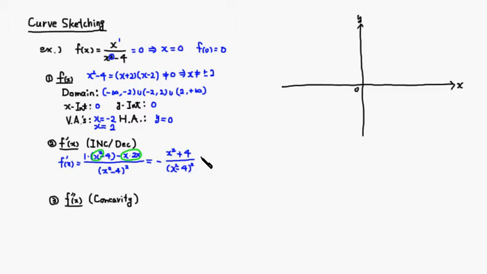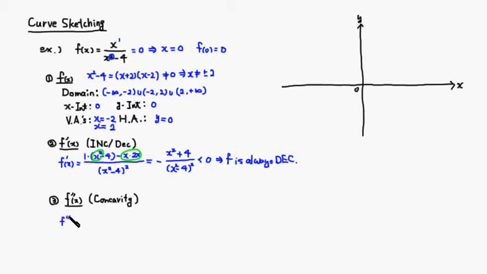So this first derivative is always negative, which means the original function f is always decreasing, because the first derivative is always negative. Then we can look at the concavity by examining the second derivative, so we have to take another derivative.